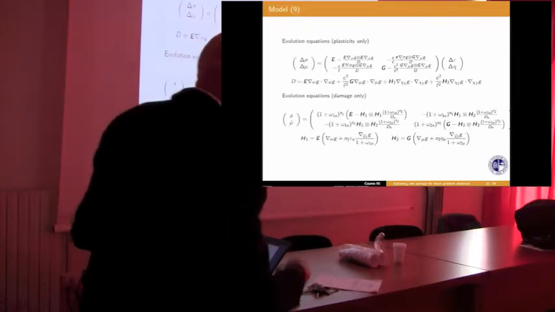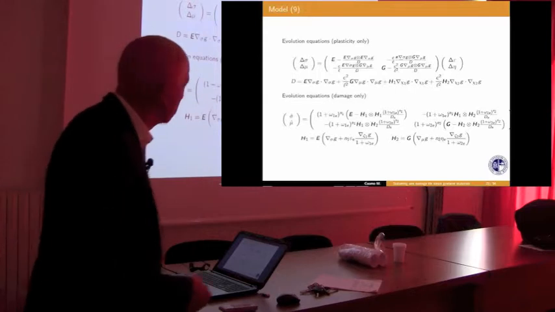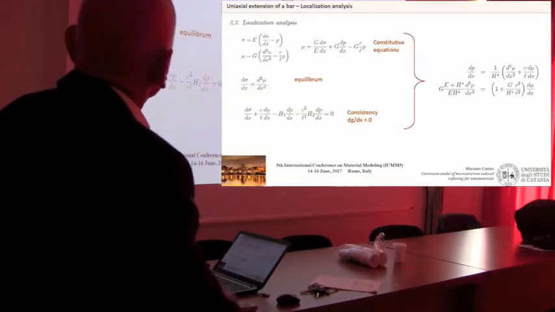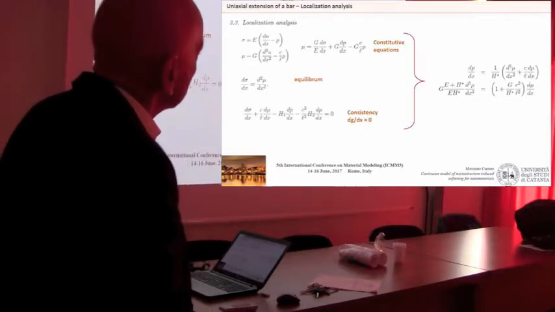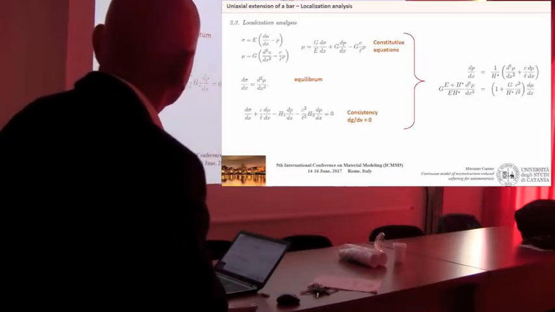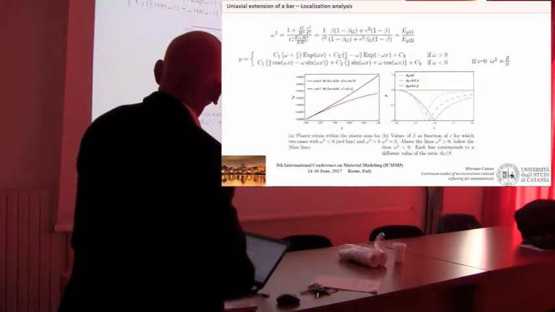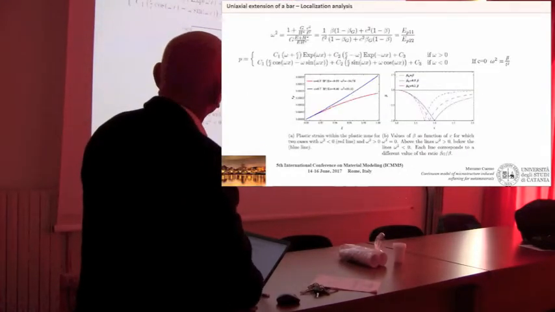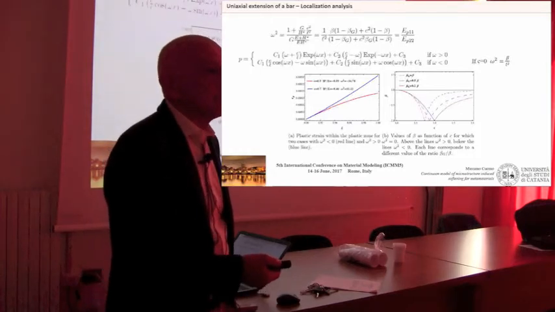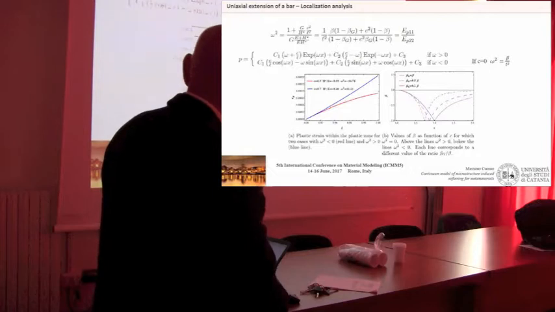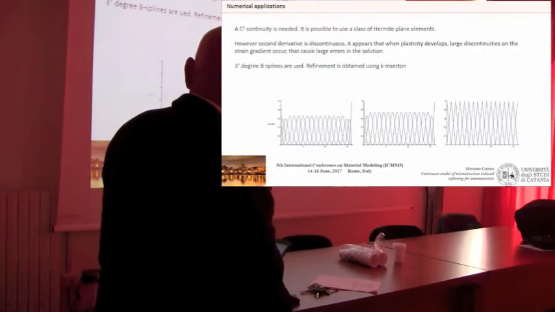What is important is the combination. I've done some localization analysis in the case of plasticity. It is easy to do in the case of only plastic deformation, from which it appears that plastic strain does not localize, but I will not comment.